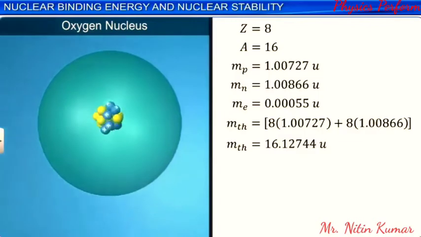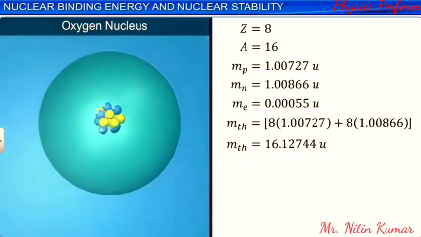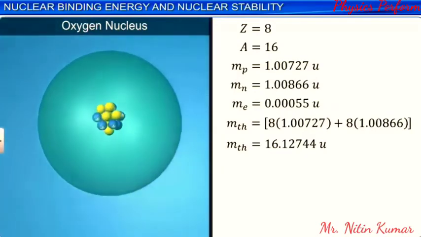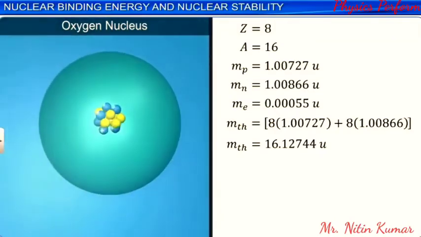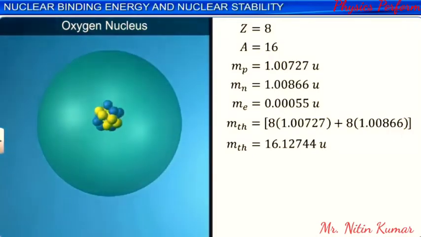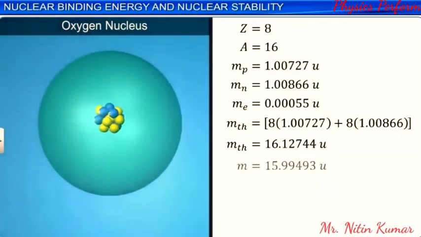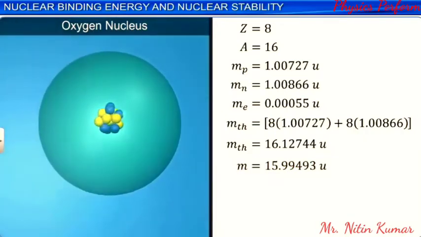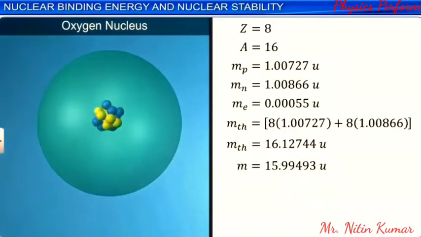But the actual mass of the oxygen atom M, determined experimentally using the principles of mass spectroscopy, is 15.99493 AMU. When the mass of the 8 electrons is deducted from this, we get the mass of the oxygen nucleus as 15.99053 AMU.